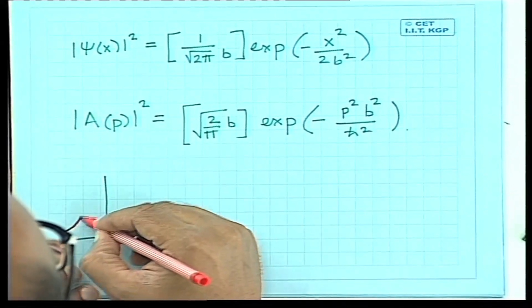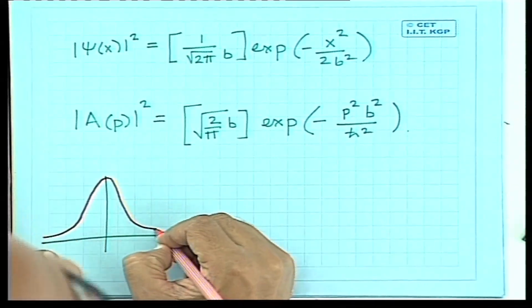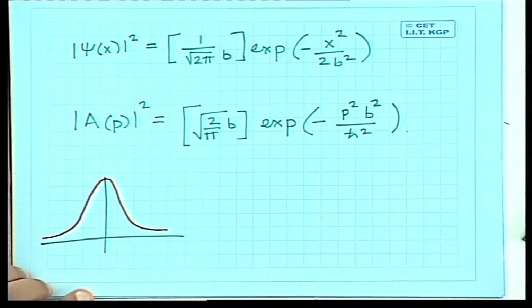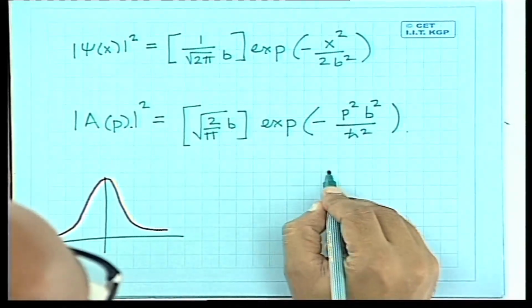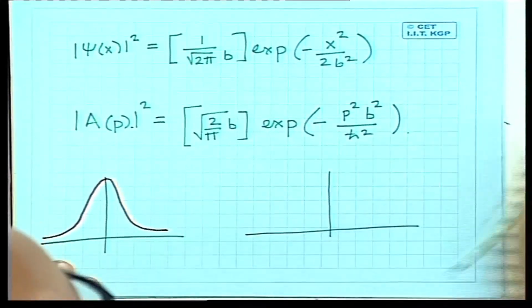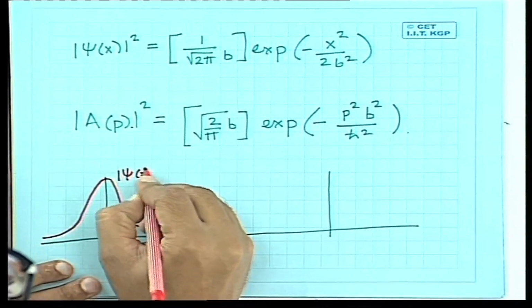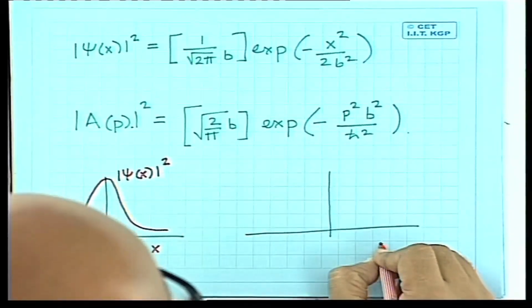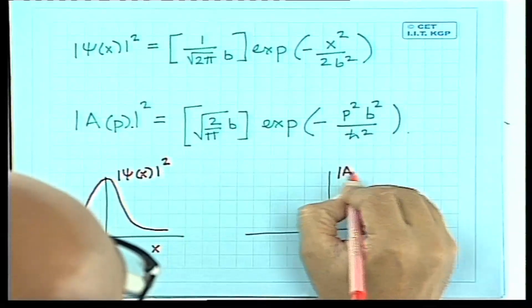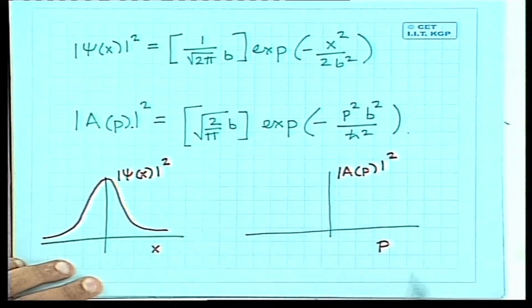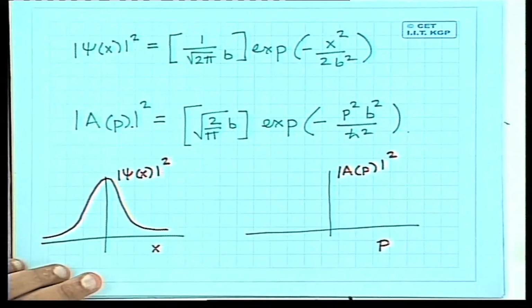So if this be the Gaussian which gives the spread in the position of the particle, so the probability of finding the particle somewhere, then the probability of getting some value of momentum also is defined by a Gaussian. So this is x, this is mod psi x squared, and here I am plotting p versus mod a of p squared. This is also a Gaussian, but now the width is related to 1 by b.